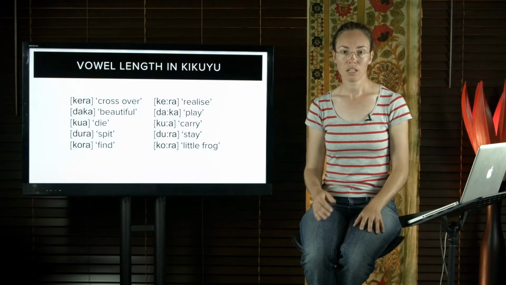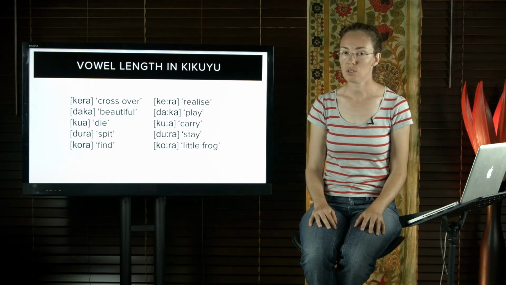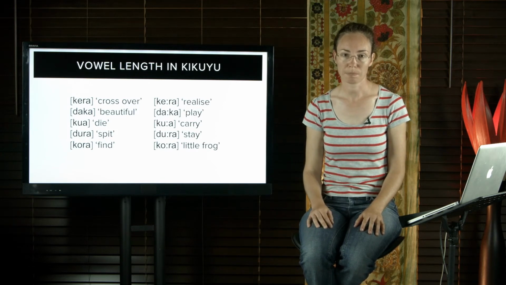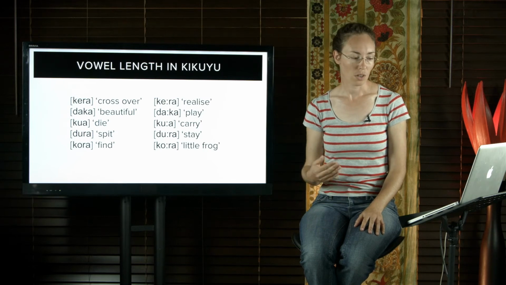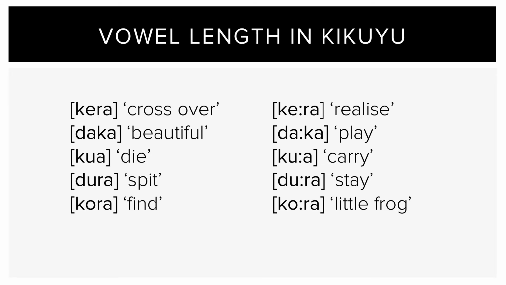So, in Kikuyu, vowels can either be pronounced as long in duration or short in duration. In IPA, a long vowel is written with a colon following it, as you can see here in these words on the right. So, our question is, in Kikuyu, are the long vowels and short vowels allophones of the same or different phonemes?